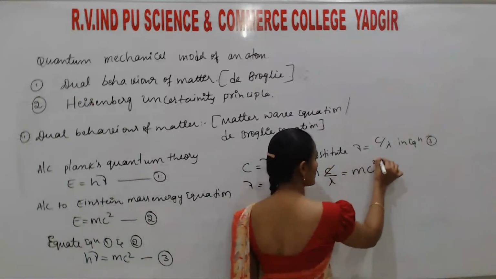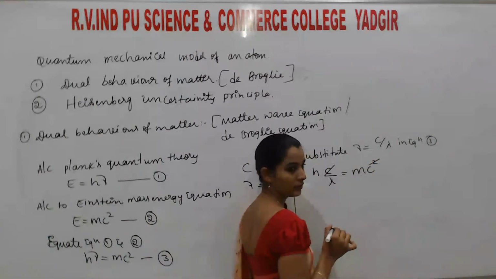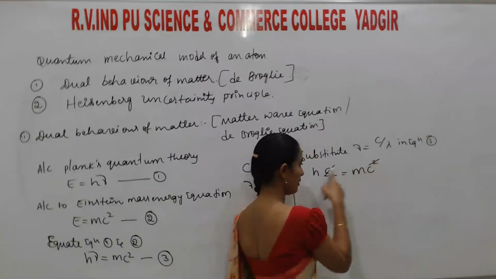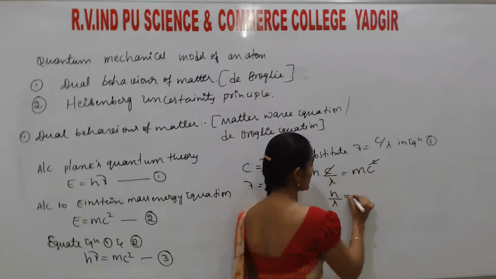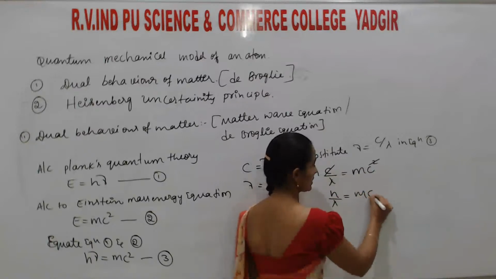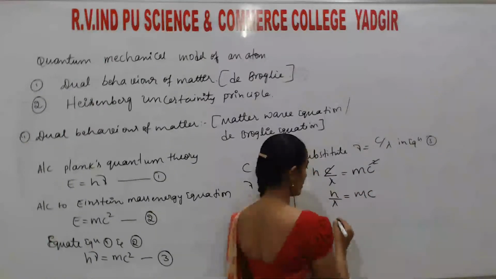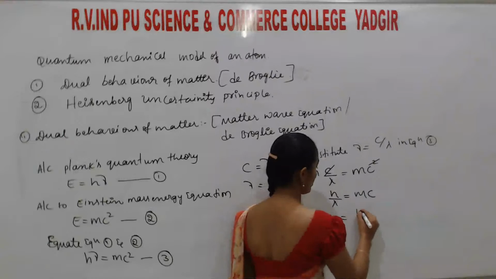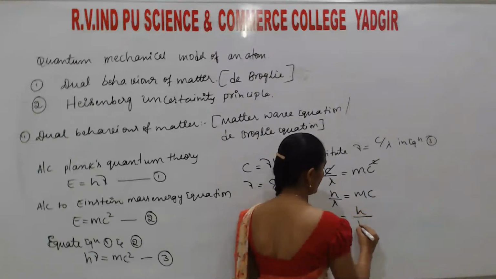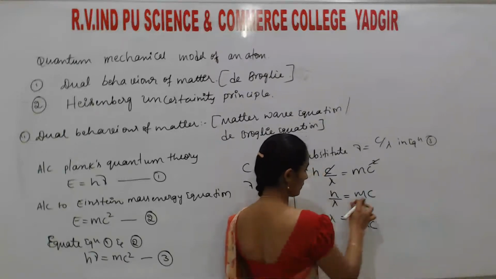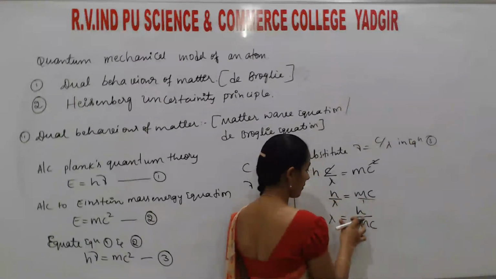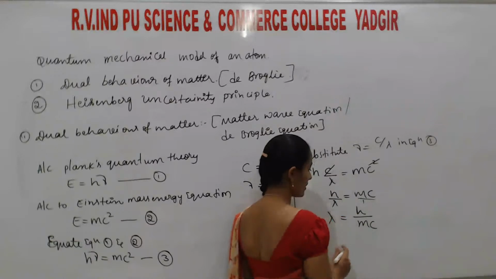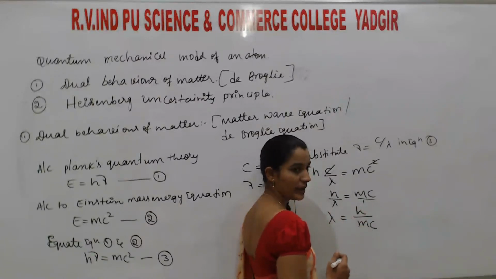The c and c get cancelled. c square is there, one c gets cancelled. So h by lambda is equal to mc. Okay, so then lambda is equal to h divided by mc. Are you getting? Just cross multiplying them. Lambda is equal to h divided by mc.